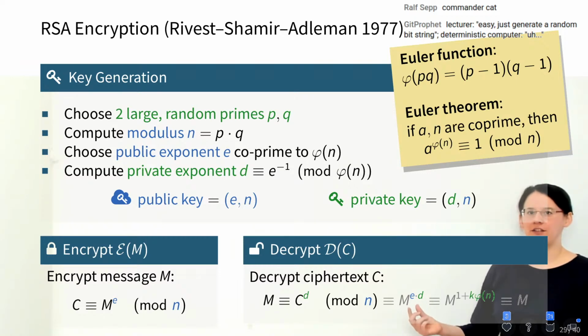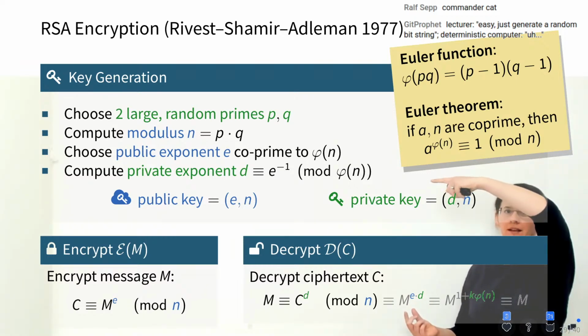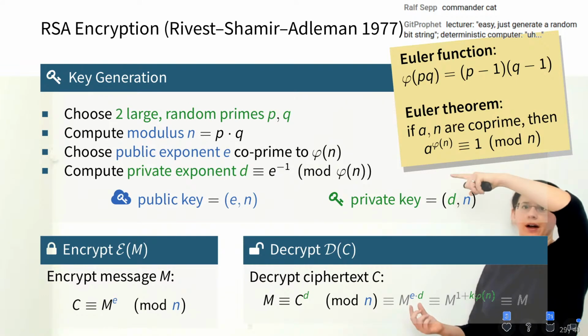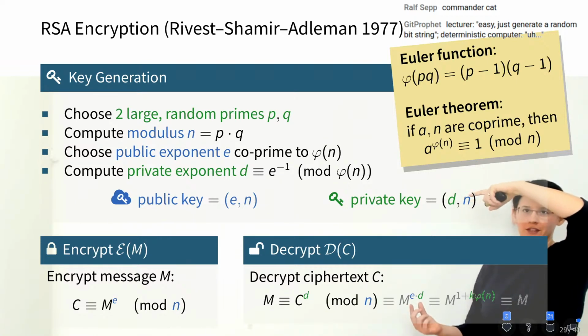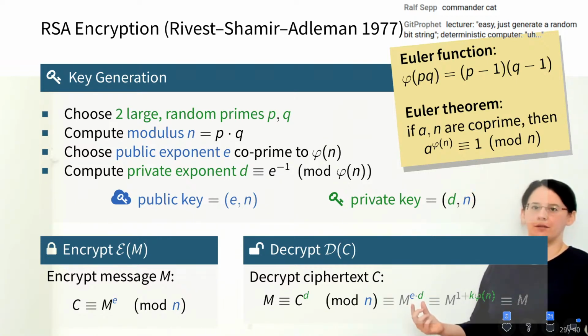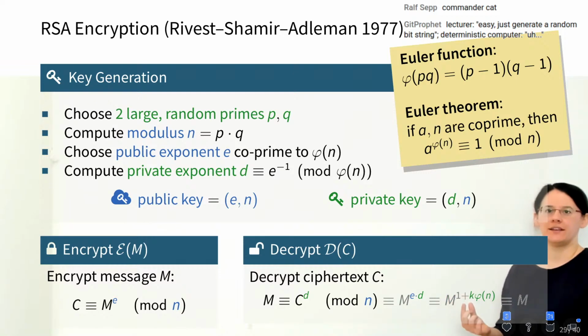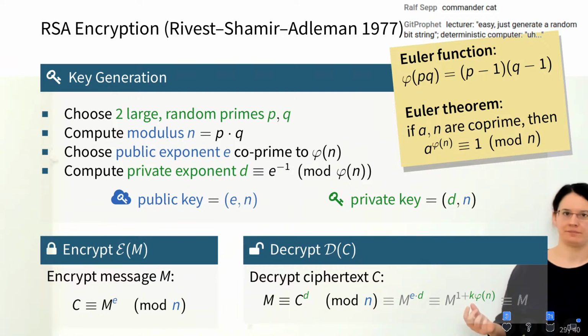Now, how were e and d chosen, if you remember up here? We said that the two are multiplicative inverses to each other, modulo phi of n. Now that's a lot of words to just say that if you multiply the two, what you get is 1 modulo phi of n. So 1 plus some multiple of phi of n.